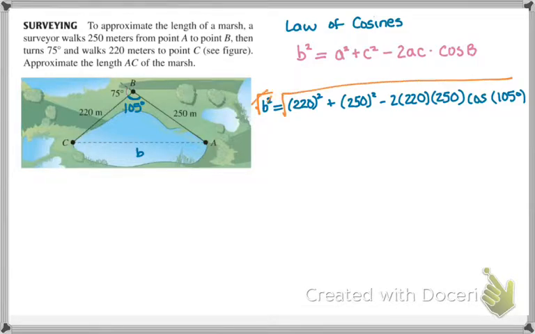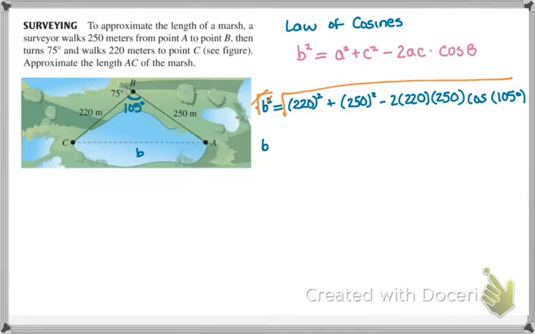And so B is equal to, in your calculator, the square root of all of that. The square root of 220 squared plus 250 squared minus 2 times 220 times 250 times the cosine of 105.